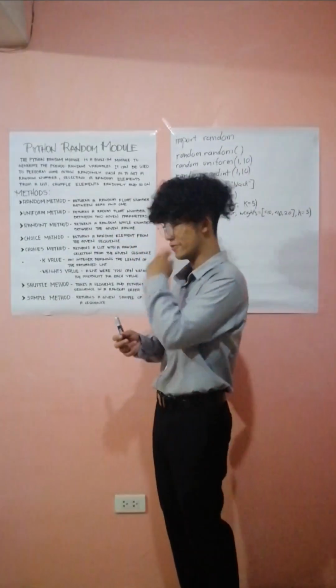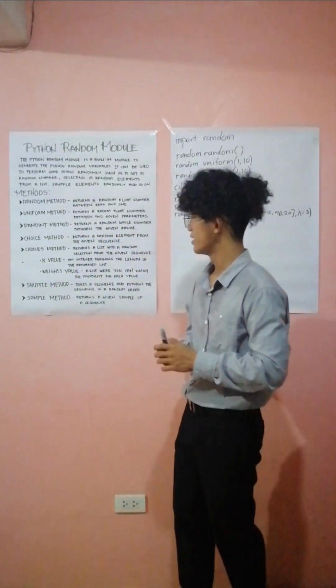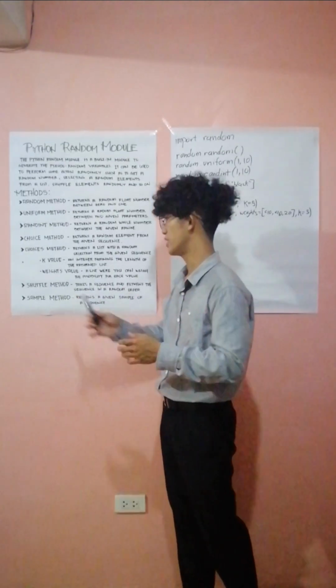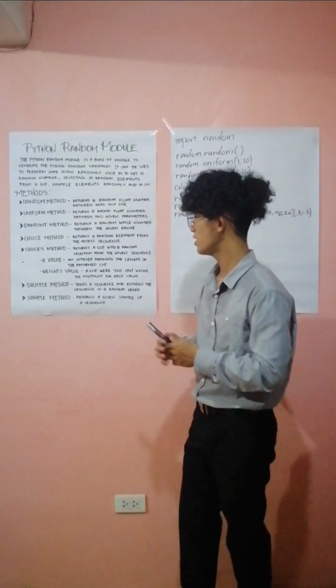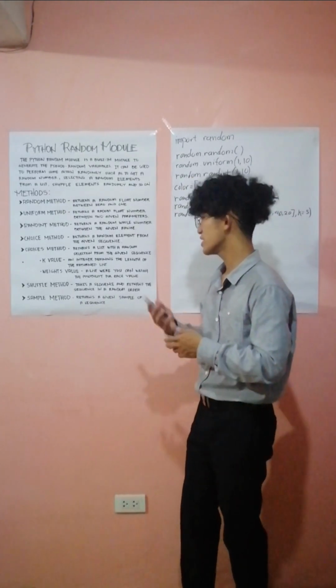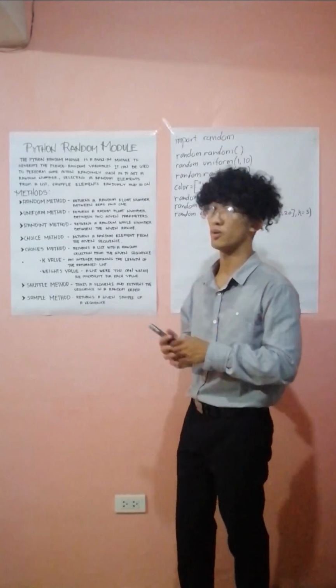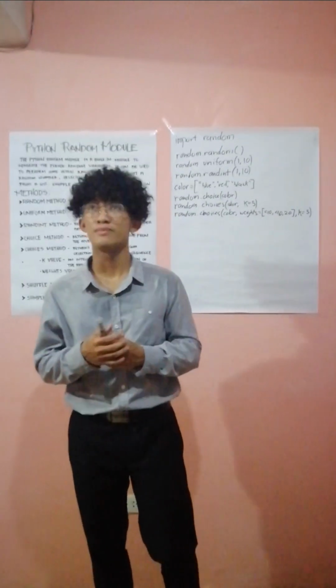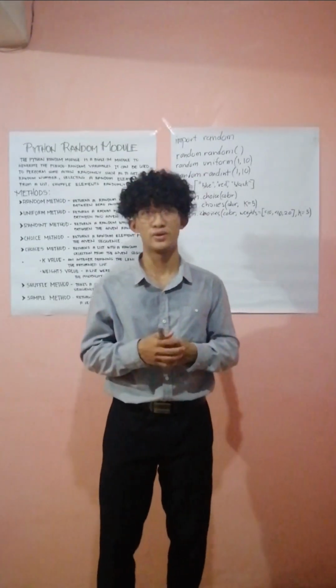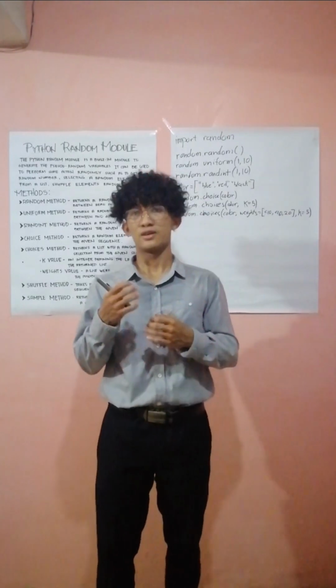So let's move on to our sixth method, which is the shuffle method. The shuffle method takes a sequence and returns the sequence in a random order. The shuffle method can be useful in, for example, a deck of cards.